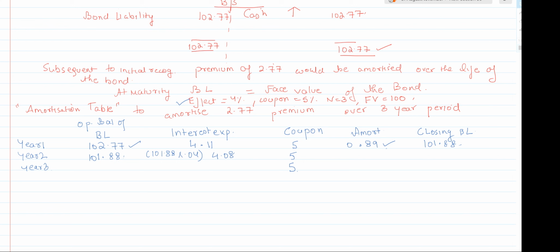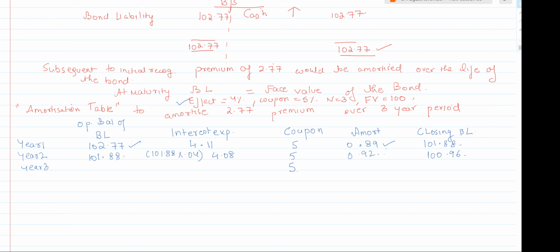Now my amortization would be coupon minus interest expense, which is 5 minus 4.08, which is 0.92. And my bond liability would reduce by 0.92 dollars in year two, right? So 101.88 minus 0.92 will be 100.96.